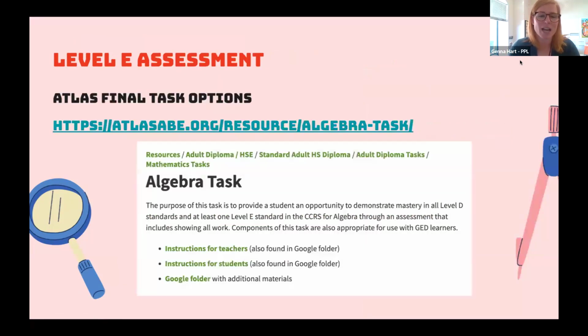So one resource that I use quite a bit with my students is the Atlas final task options. On the Atlas website, there are final task options for all 4 math courses: number sense, algebra, geometry, and data and statistics. So Donna, if you could go ahead and click that link, please.